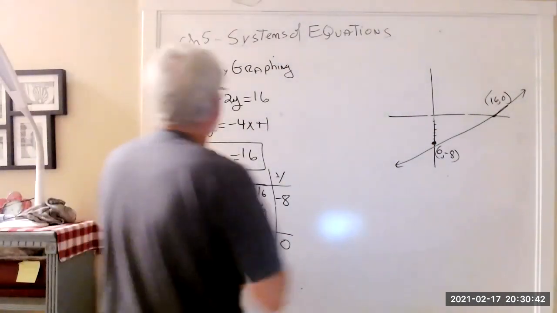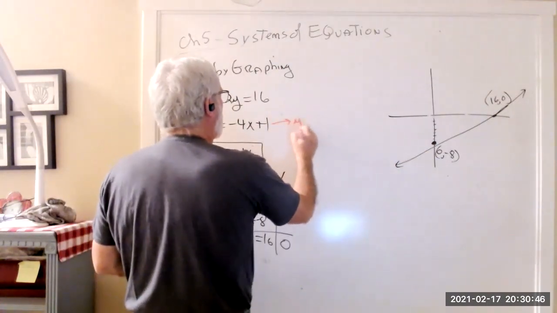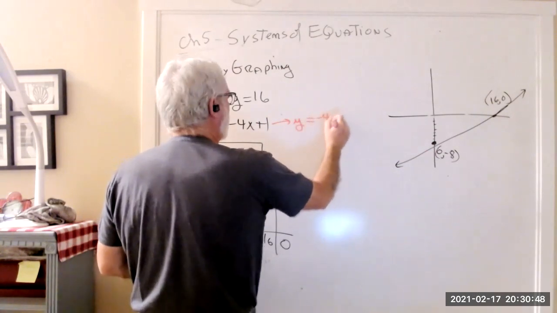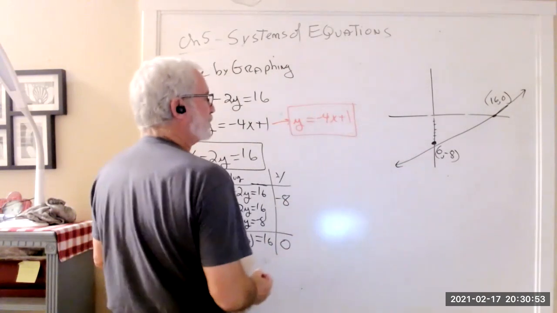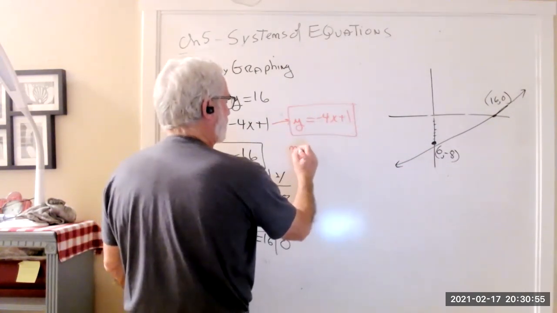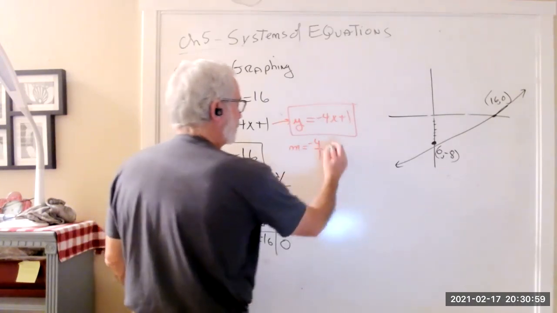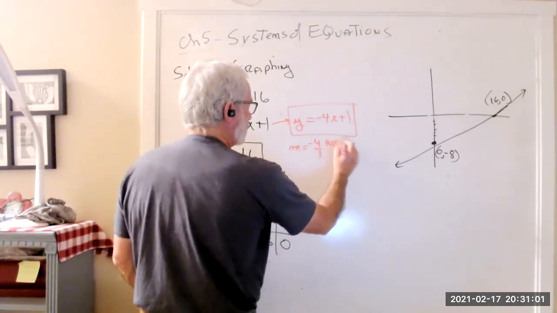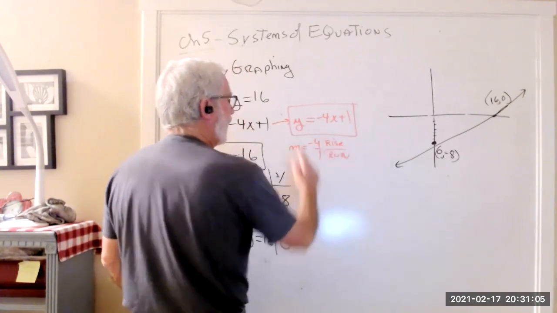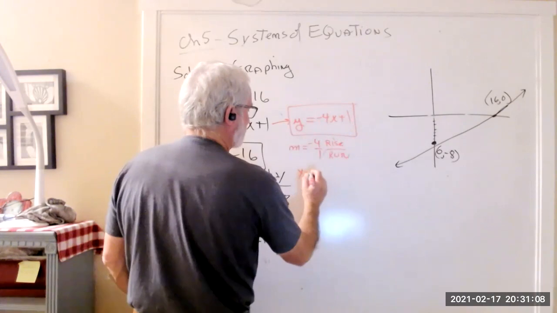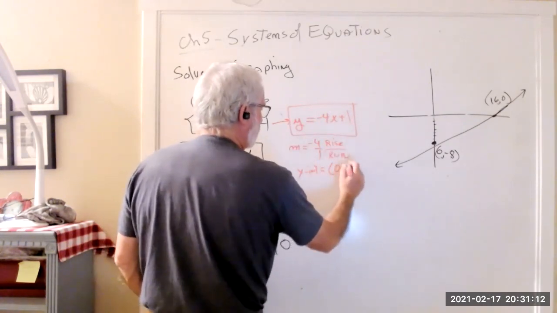Second equation, we have y equals negative 4x plus 1. Because it's in slope-intercept form, I know my slope is negative 4 over 1, which is rise over run, and my y-intercept is 0, comma 1.